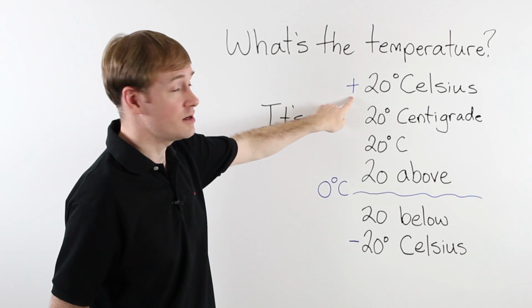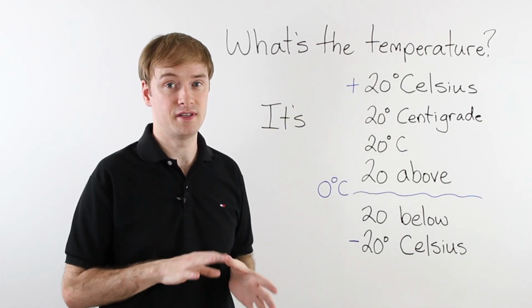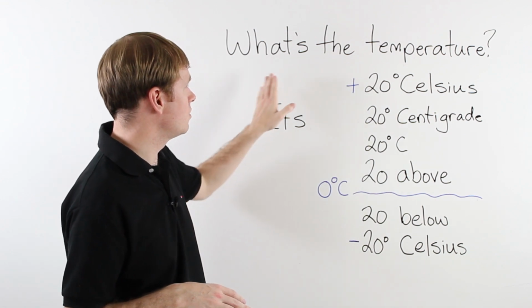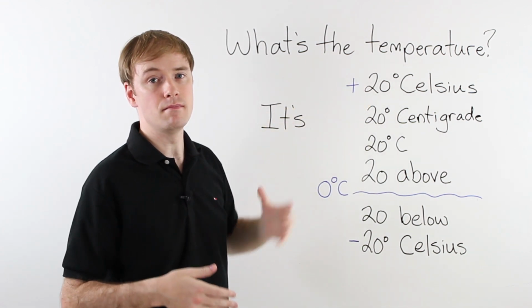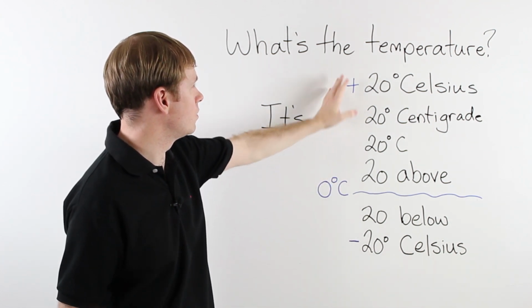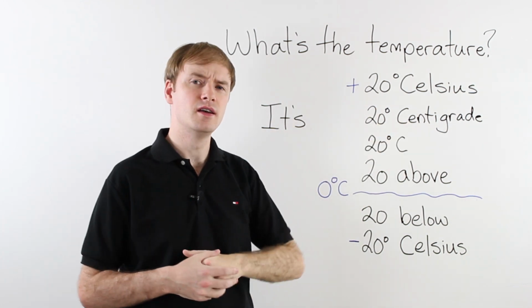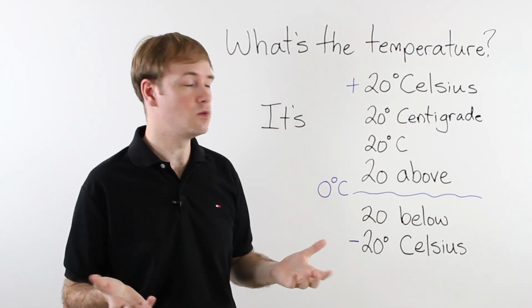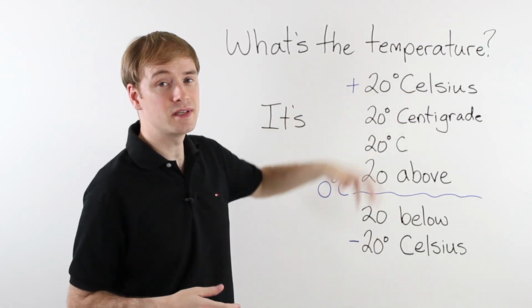Now, the plus, some people say plus, but you don't have to say plus. You can just say, what's the temperature? It's 20 degrees Celsius. It means the same thing. Let's move down here, the next one. What's the temperature? It's 20 degrees centigrade. Centigrade, what is that? Well, Celsius and centigrade are the same temperatures.